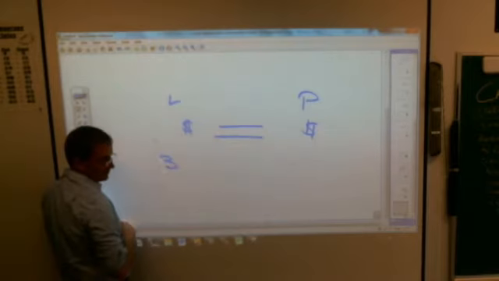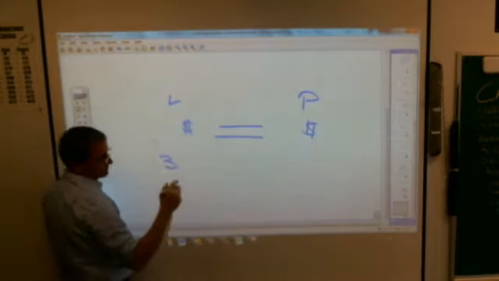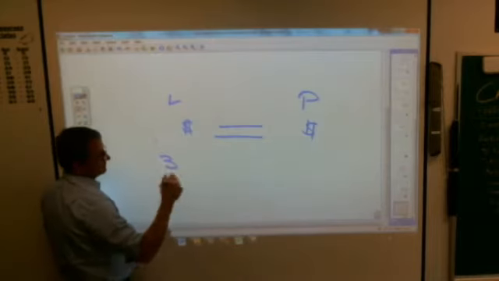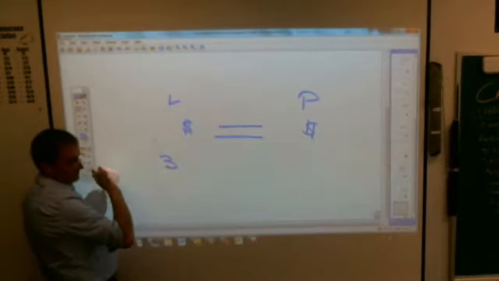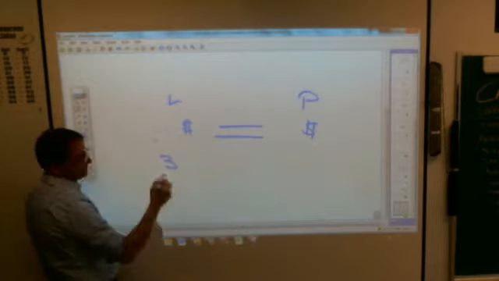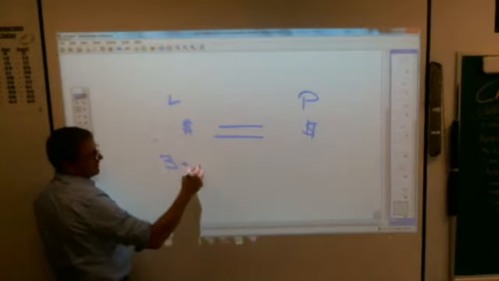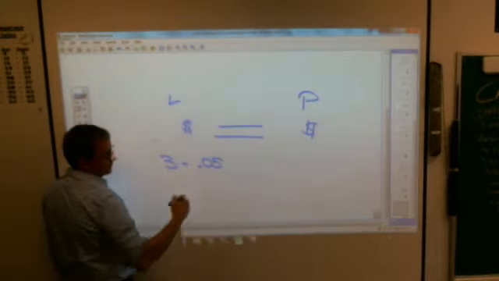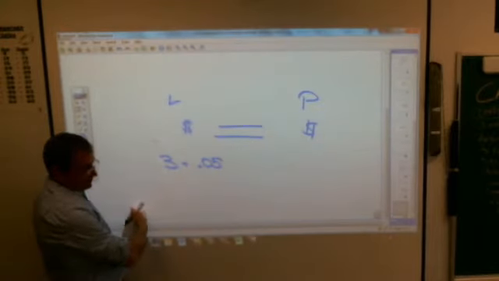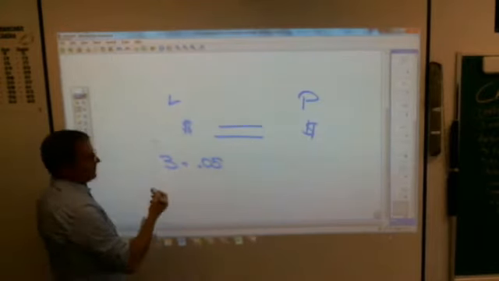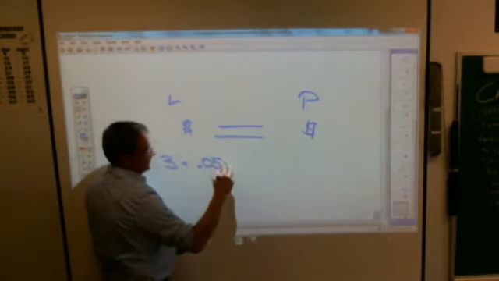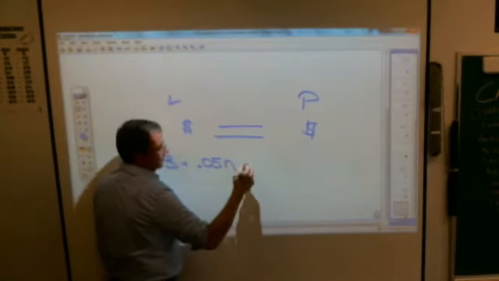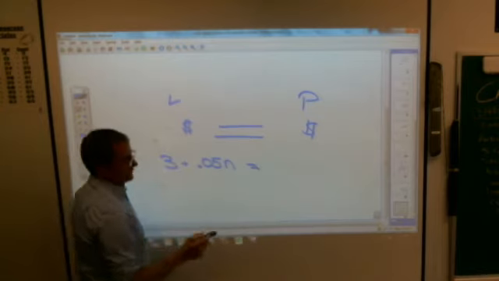Nickels. How much is a nickel worth? So I have $3 plus a nickel, which is worth 5 cents. How many nickels do I have? You don't know. So I'll just put the letter N there, right? I know that equals how much in the other pocket?